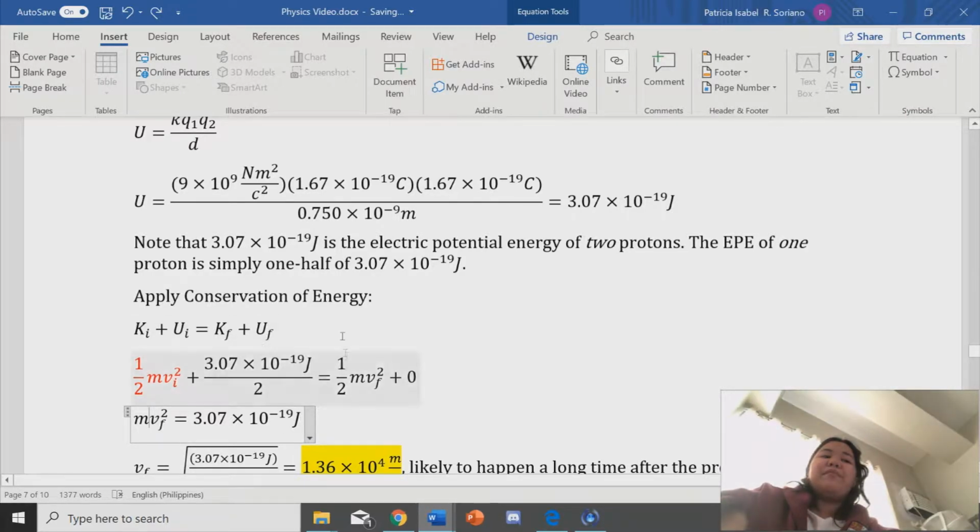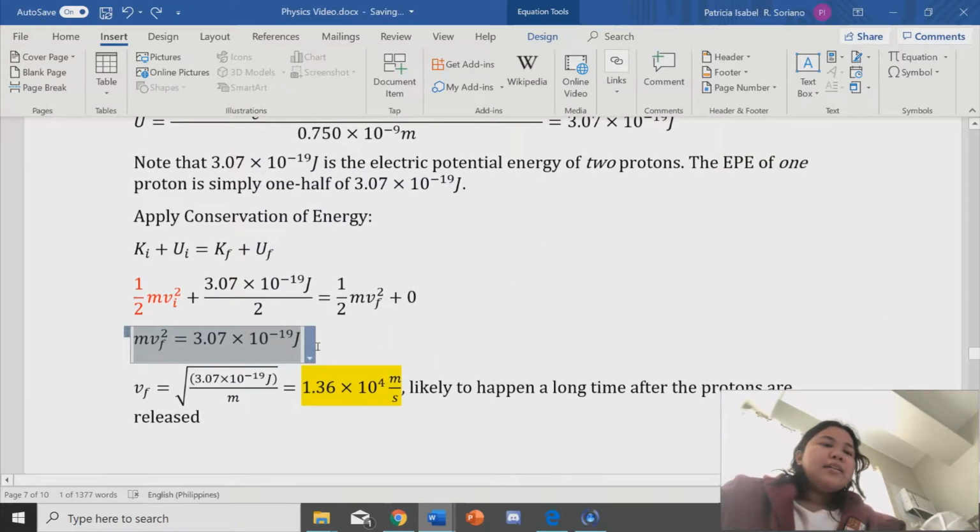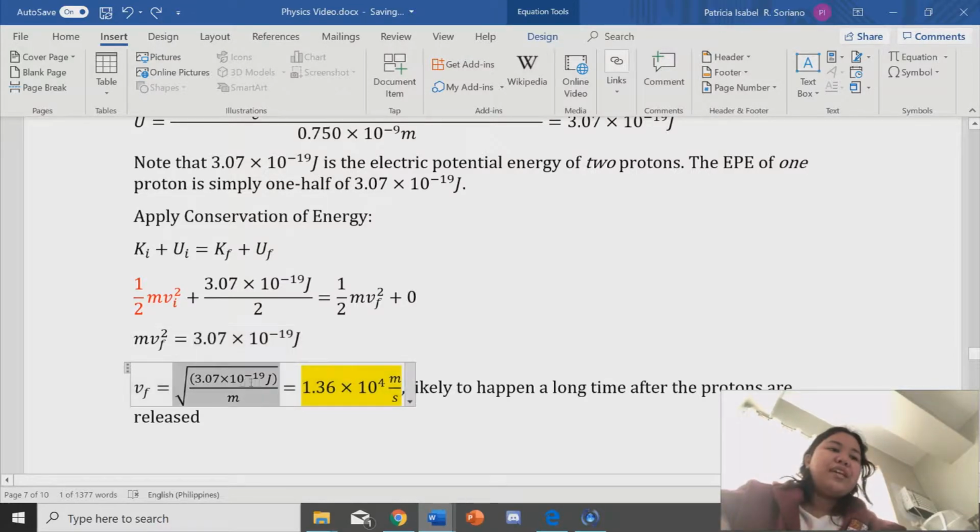Since they both have the same factor of 1/2, we could just cancel that 1/2 and we'd be left with this equation. mvf squared is equal to 3.07 times 10 raised to negative 19. So we could just divide this value by our mass, then square root everything on that right hand side as shown over here. And you know the mass of a proton is 1.67 times 10 raised to negative 27.